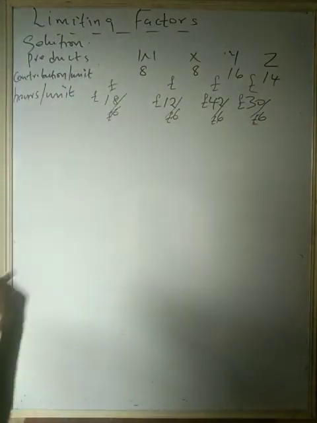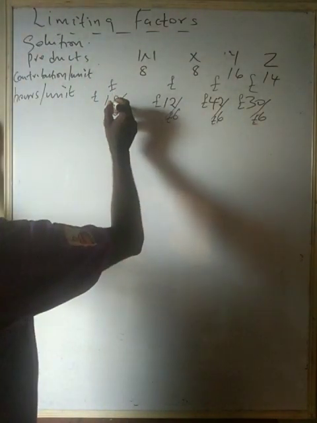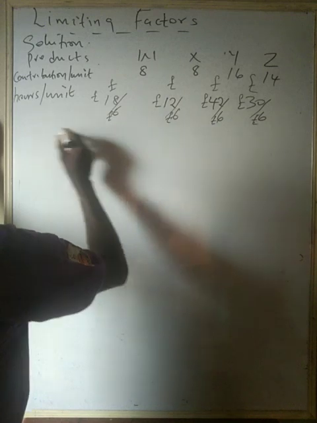That means hours per unit is now 18 divided by 6, which gives us 3.